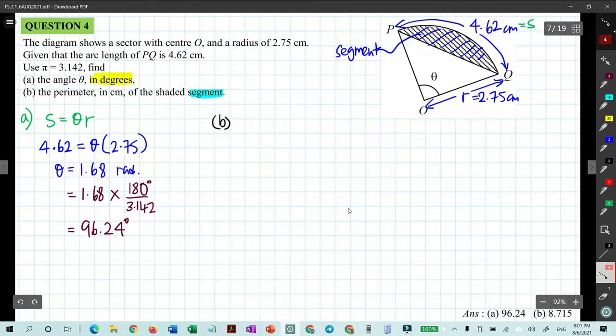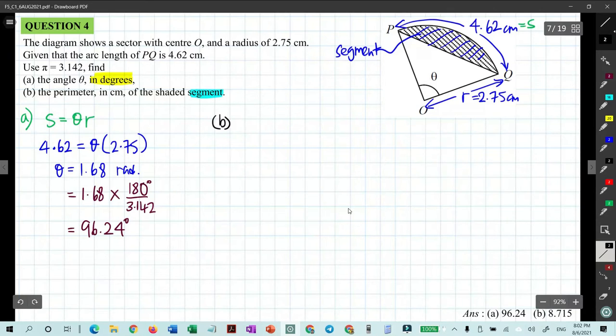You have to take the arc length PQ, and then you have to calculate the length of the straight line PQ, and then sum up these two values in order to get the perimeter of the shaded segment. You already have the arc length PQ, so you only need to find the length of line PQ.